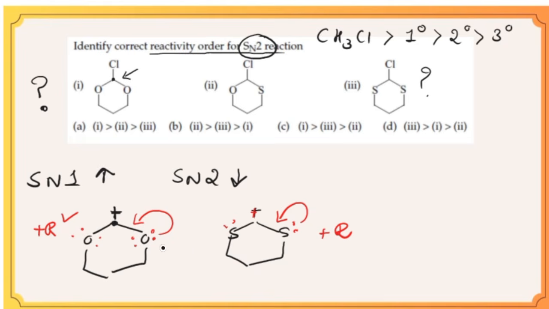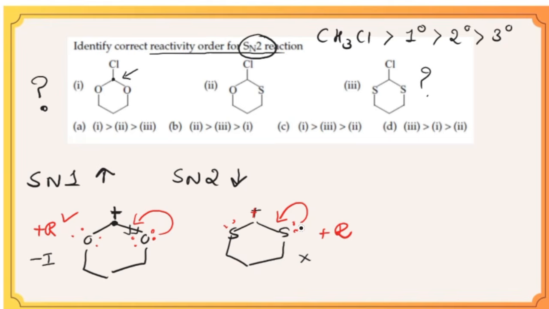So which will stabilize the carbocation better now? For that, let's take the help of electronegativity of the atoms. Oxygen is an electronegative element, so it withdraws electrons through inductive effect, destabilizing this carbocation. Sulfur is not as electronegative as oxygen, so it will not withdraw electrons through minus I effect.